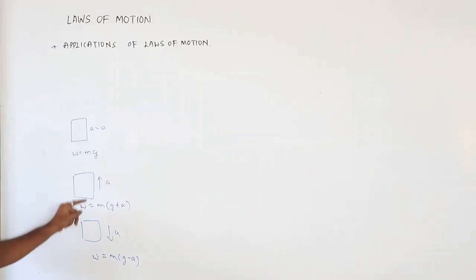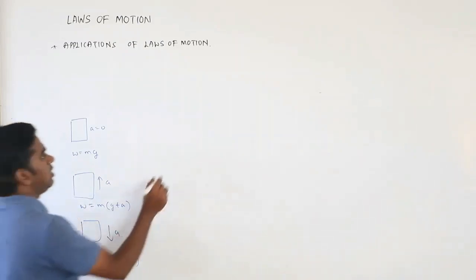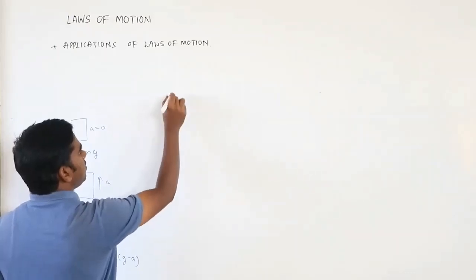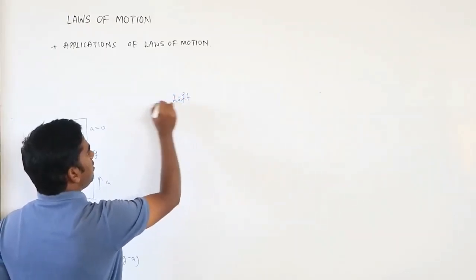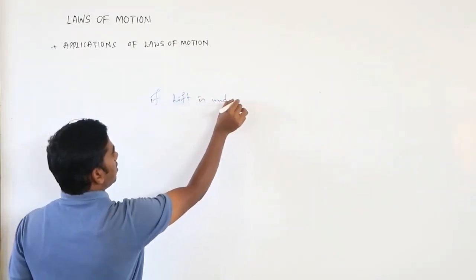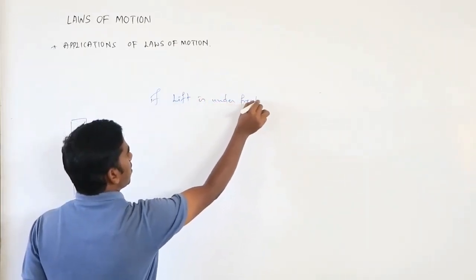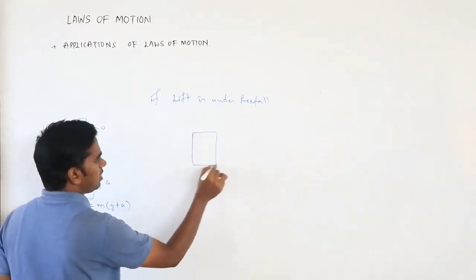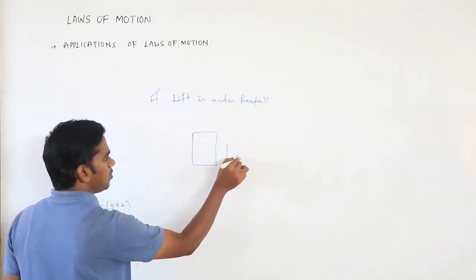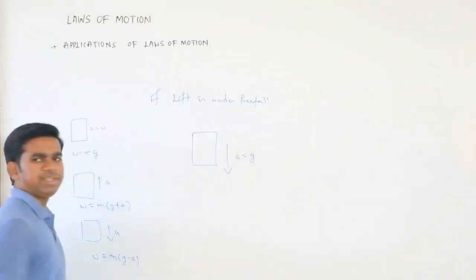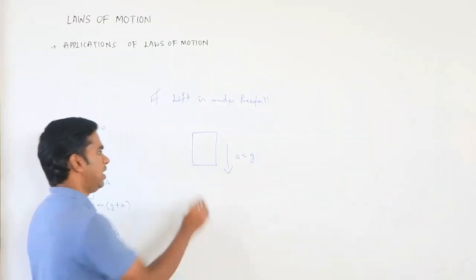Suppose lift is under free fall. Free fall means the lift is accelerating downward with acceleration equals to acceleration due to gravity.